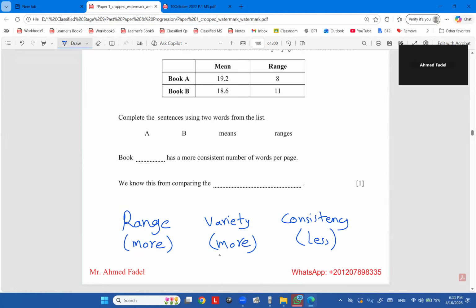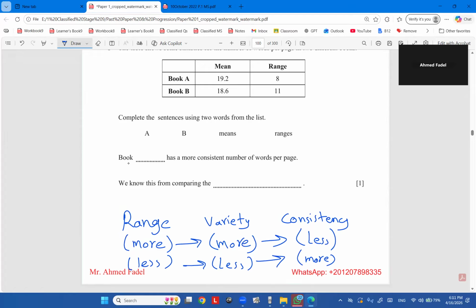It is the opposite. So more range means more variety, means less consistency. And the opposite, if it is less range, it means less variety and means also more consistency. Okay? All right. You need to study this so that you remember it also next time.